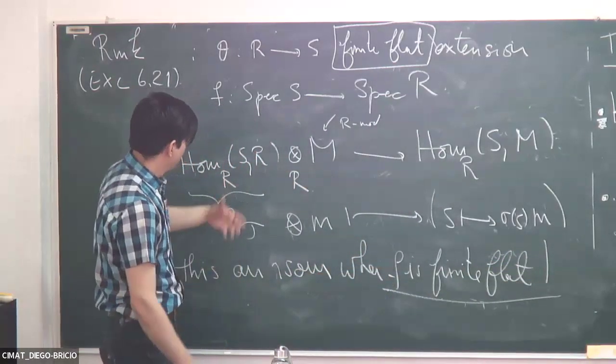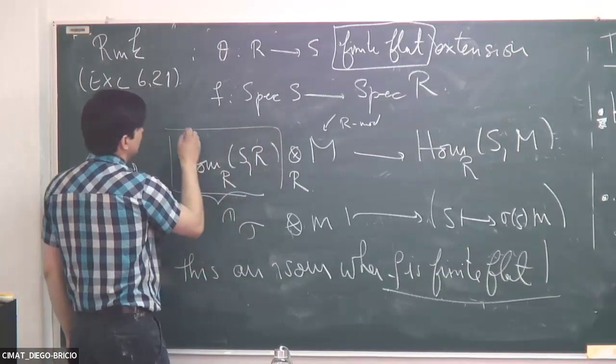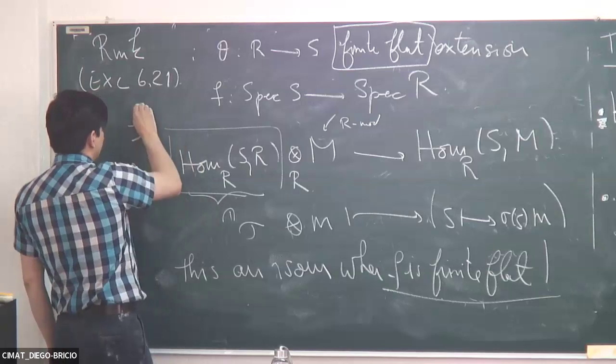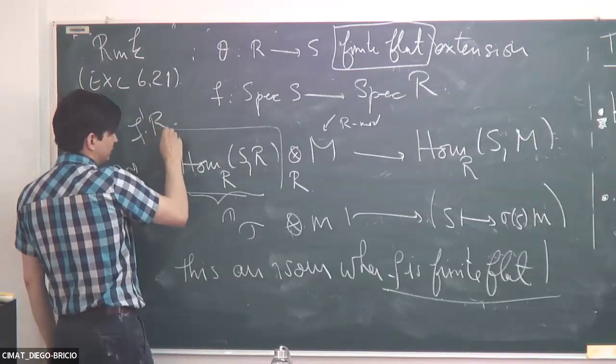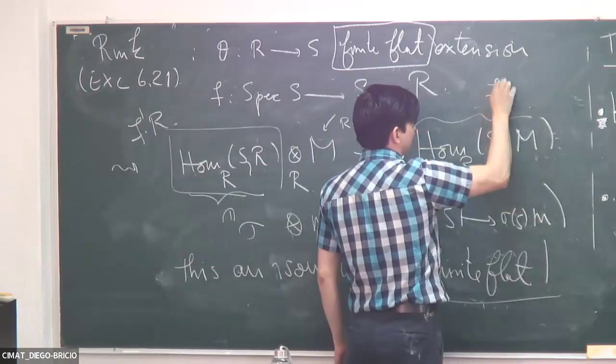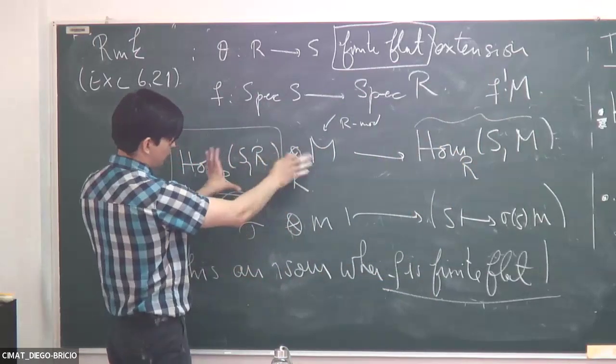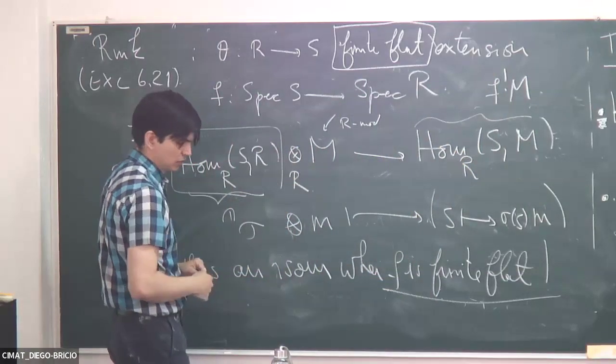Okay, but what are these things, right? You've got to recognize them. This is the upper streak of R. In the same way, this thing here is the upper streak of M. And the whole thing here is pullback.